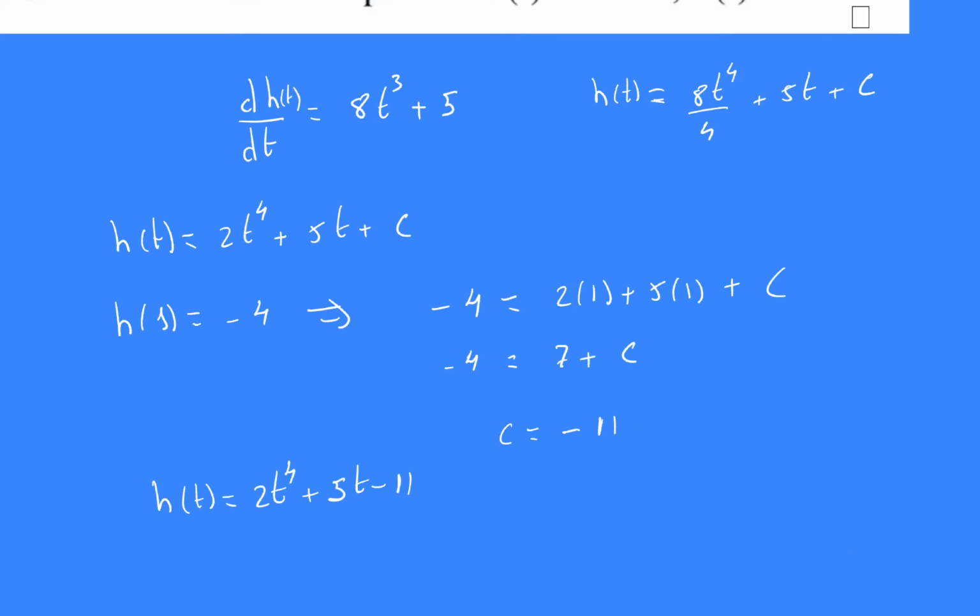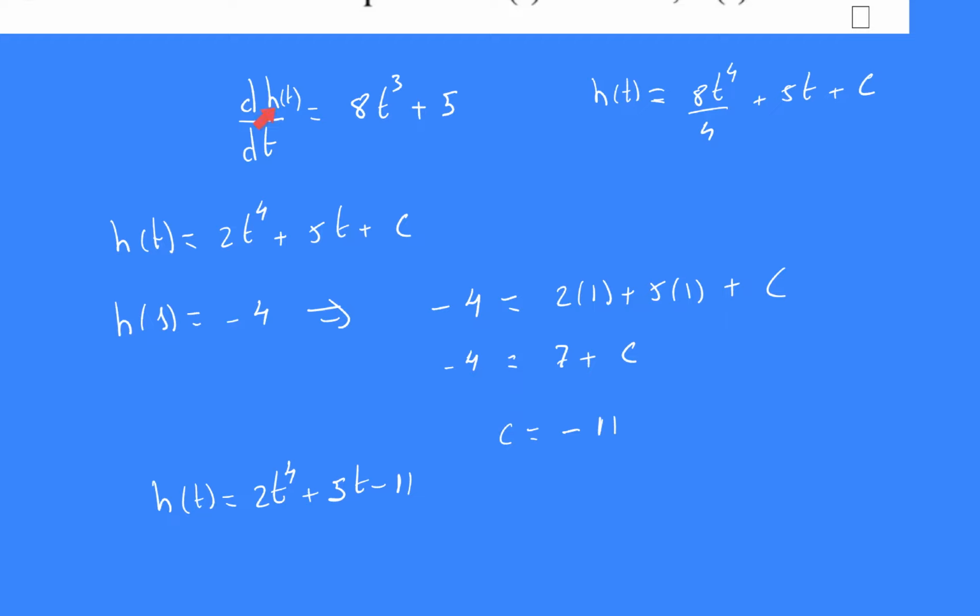The next problem gives you a differential equation that says that the derivative of h with respect to t, h prime of t, is 8 times t cubed plus 5. And the problem is asking you, what is h of t? What is the function whose derivative is 8t cubed plus 5? Or in other words, what is the antiderivative of 8t cubed plus 5?